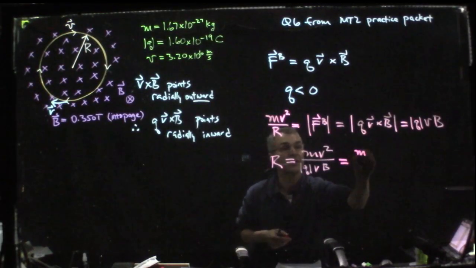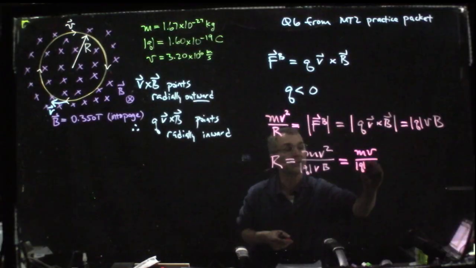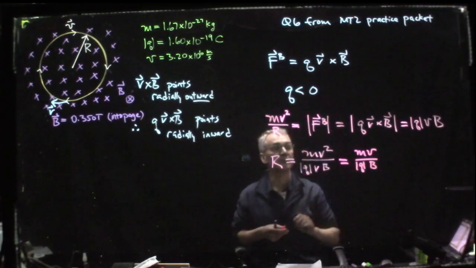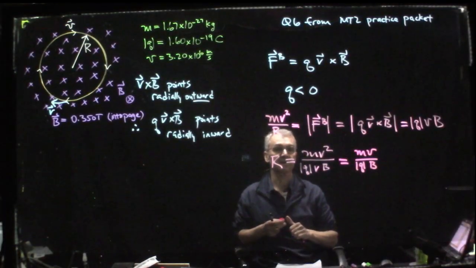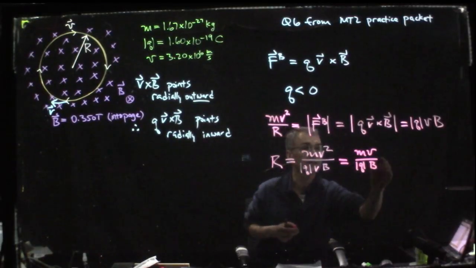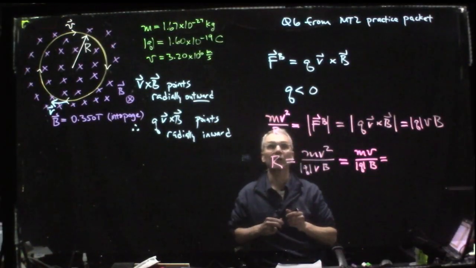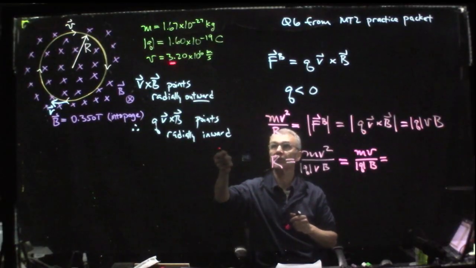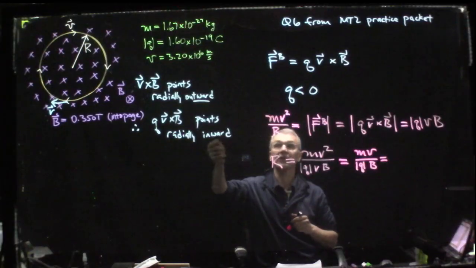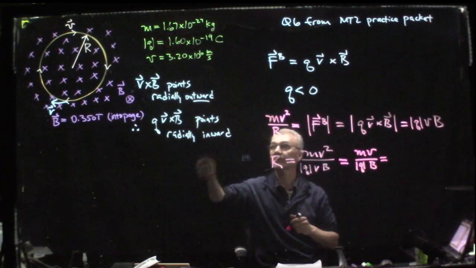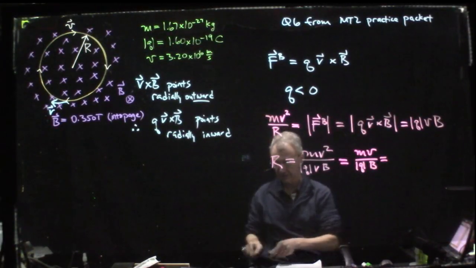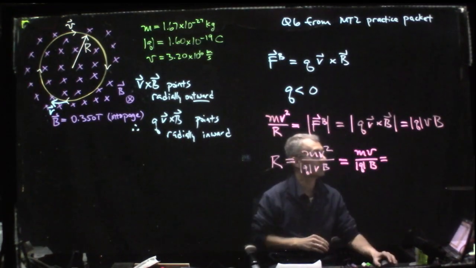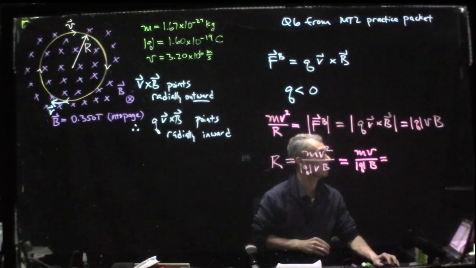So that gives us mv divided by the magnitude of q times B. Okay, I guess we could plug in numbers. We have everything we need, right? So there's our speed, there's our mass, there's the magnitude of the charge, there is B. So let's see what Python gives us.